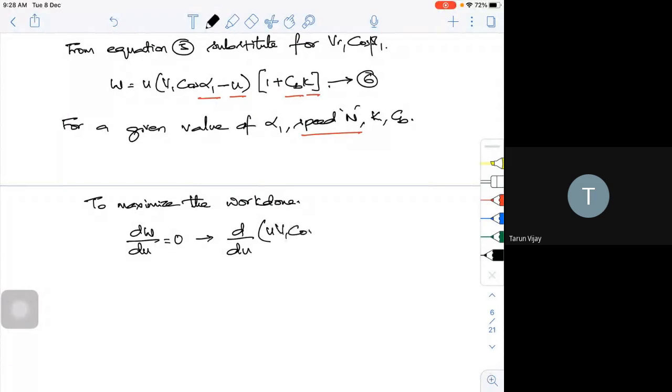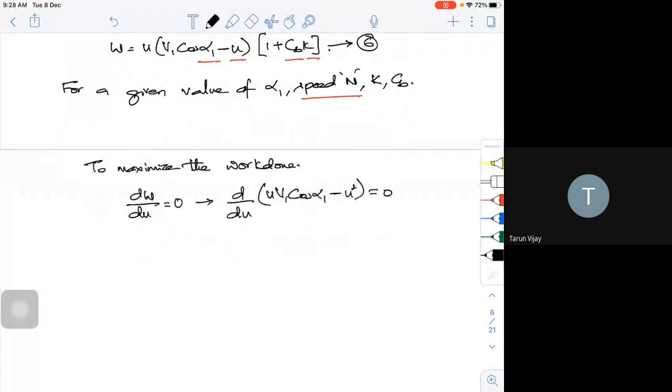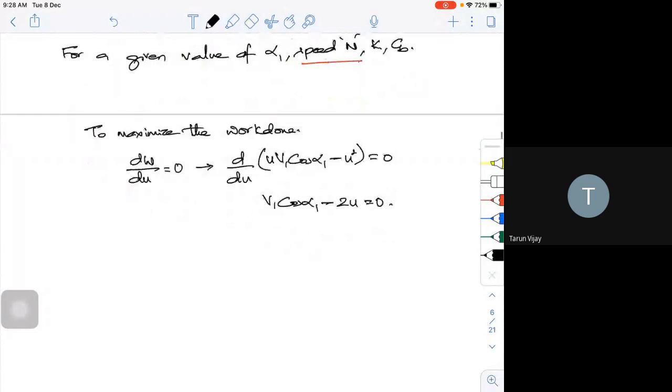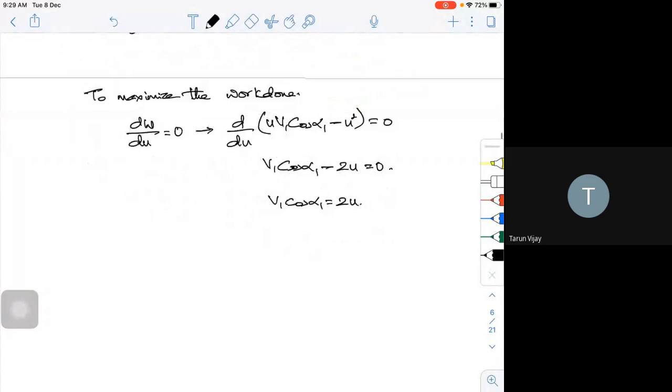I differentiate this equation and get V1 cos alpha 1 minus 2U is equal to 0, or V1 cos alpha 1 is equal to 2U, or U is equal to V1 cos alpha 1 by 2.